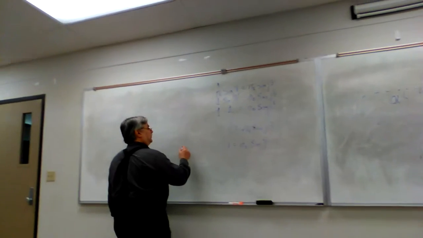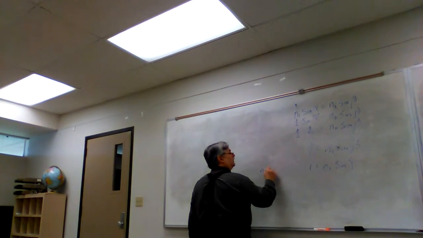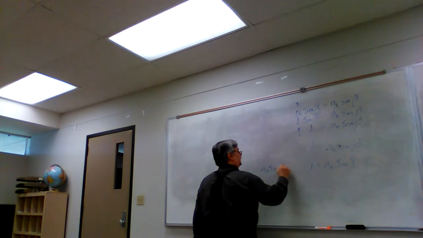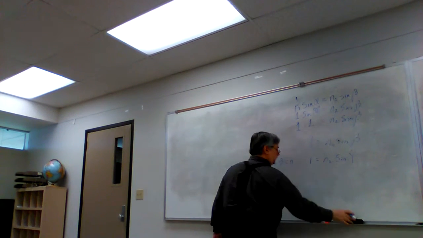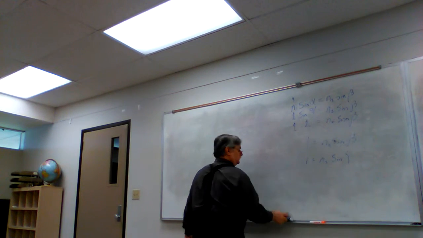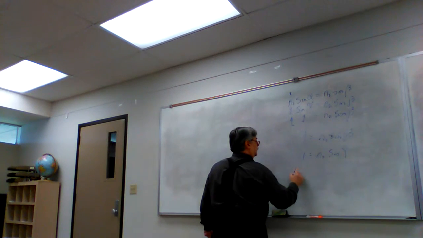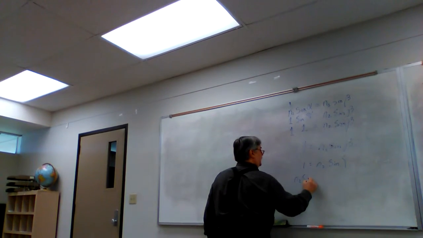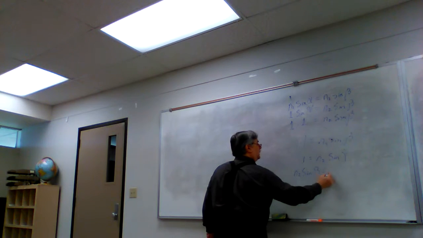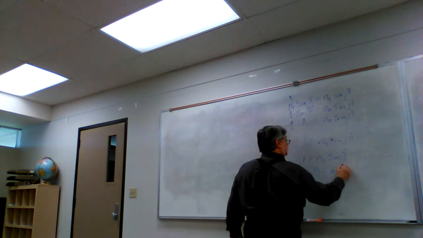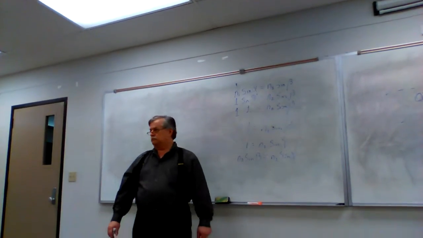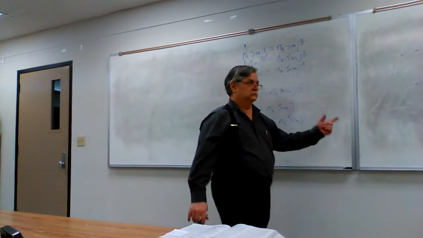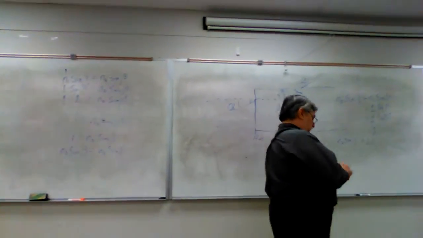That means N2 sine beta must equal N2 times sine of gamma in order to achieve total internal reflection.